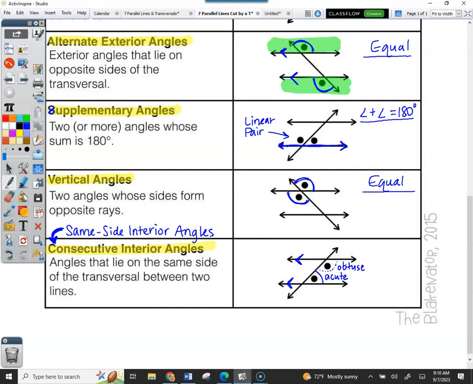This angle is obtuse. If I take that acute angle and add it to that obtuse angle, because of the parallel lines, I will get 180 every time. So they add: angle plus angle equals 180. They add to equal 180.